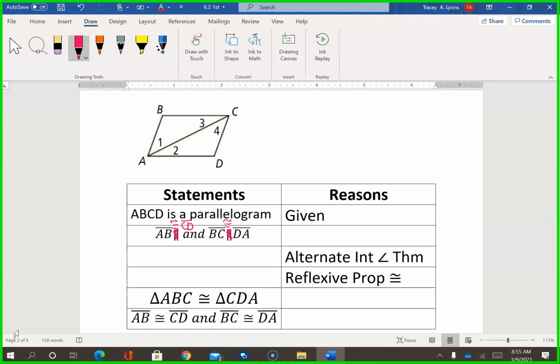Actually, I do want to leave that parallel in there. But there should be AB and CD. Okay, and this is definition. Parallelogram. I usually draw the shape. You can certainly write the word, but make sure, and I don't know why it's not writing on there. Let me try it again. There we go.